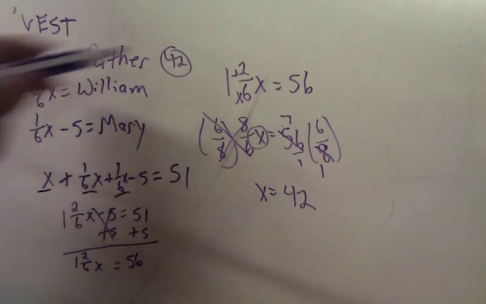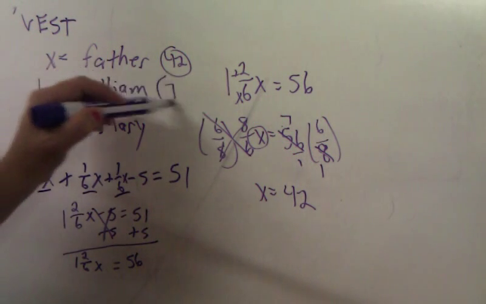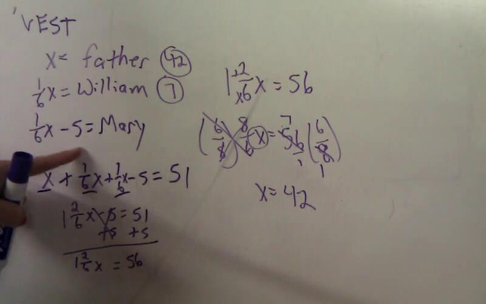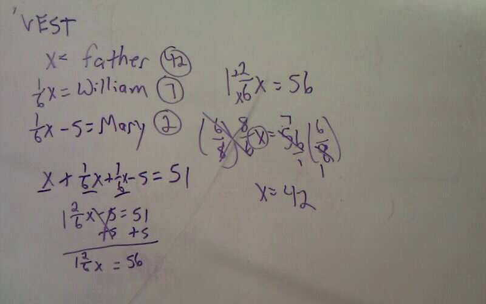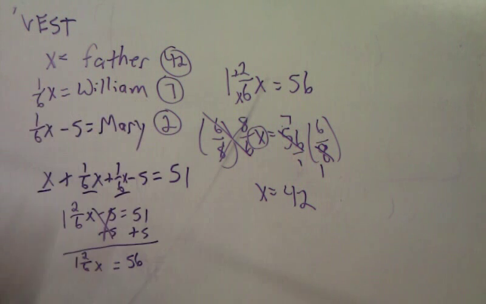William is 1/6 of 42. What is 42 divided by 6? It's 7. Mary is William's age minus 5. 7 minus 5 is 2. It only asked for William, though. William is 7. So your answer to this problem is 7.